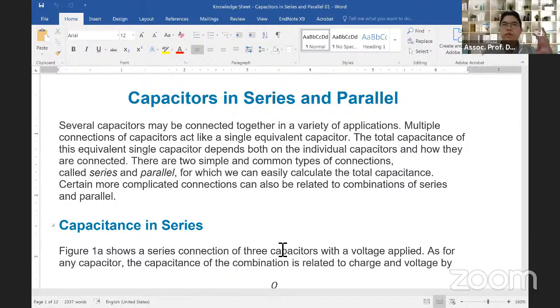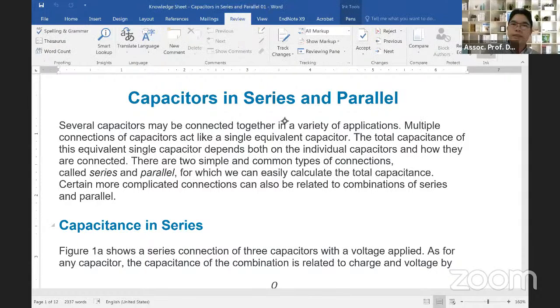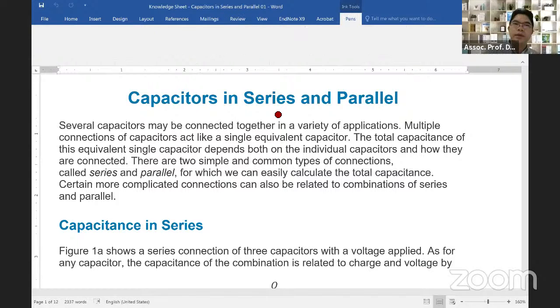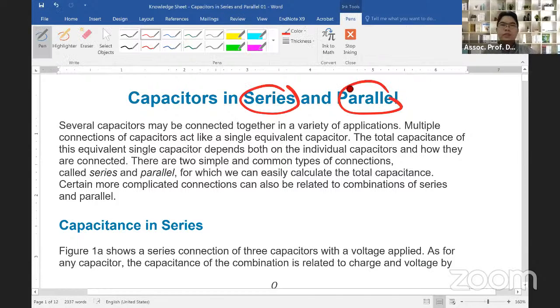So we have to know how to connect capacitors together to meet our requirement. We divide the ways to connect capacitors into two types: the first is series, and the next is parallel. So I will start with capacitance in series first.